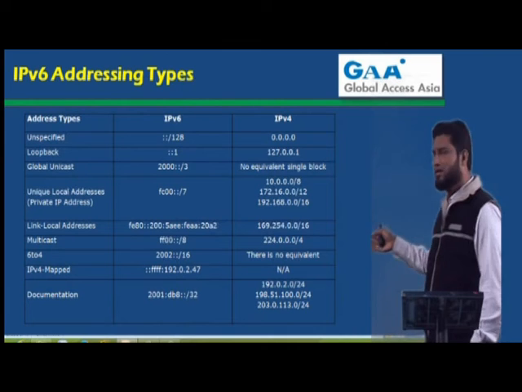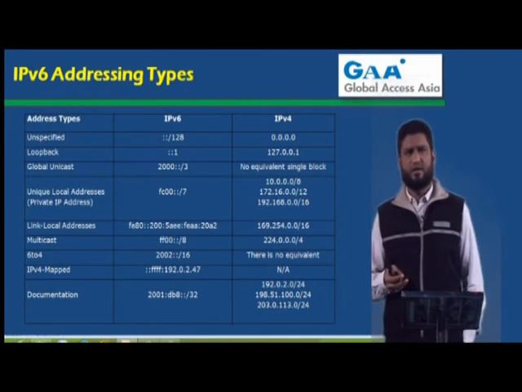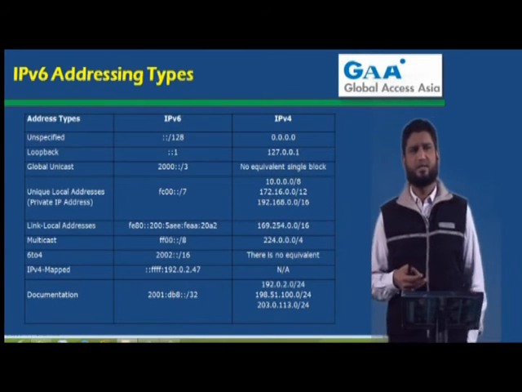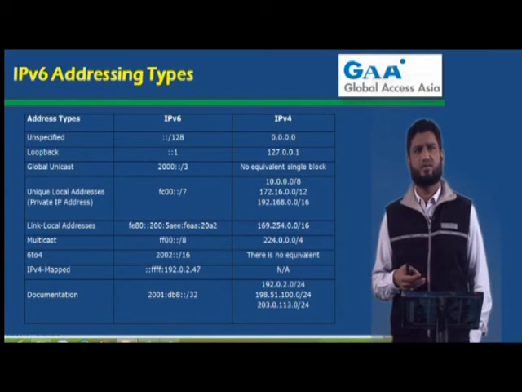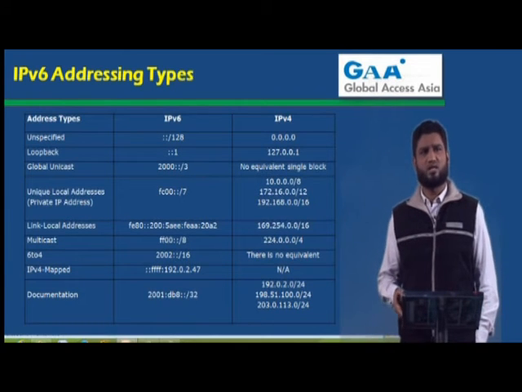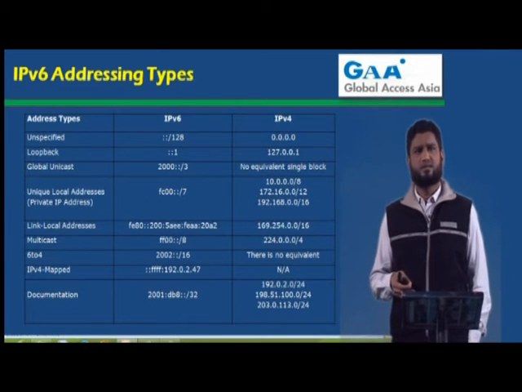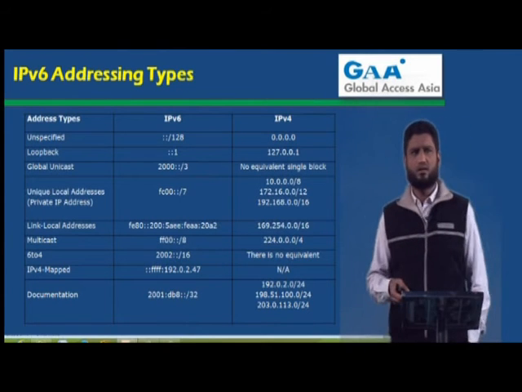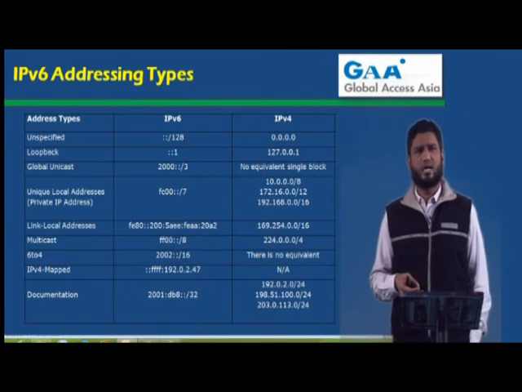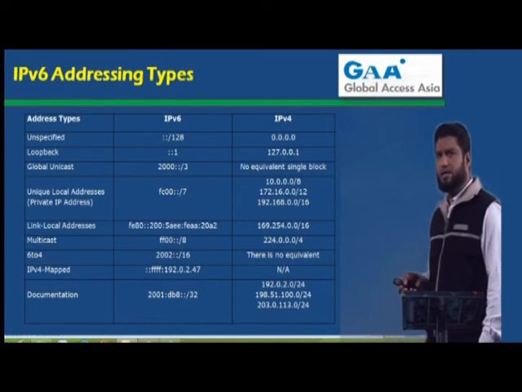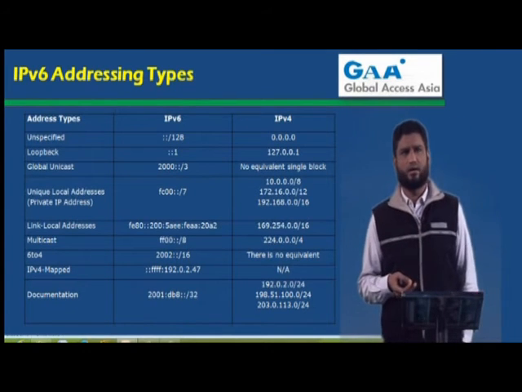Here you can see IP version 6 address types, IP version 6 notation, and IP version 4, which you can compare. Unspecified is ::/128, and in IP version 4 it is 0.0.0.0. Loopback interface is ::1, and for IP version 4 it is 127.0.0.1.